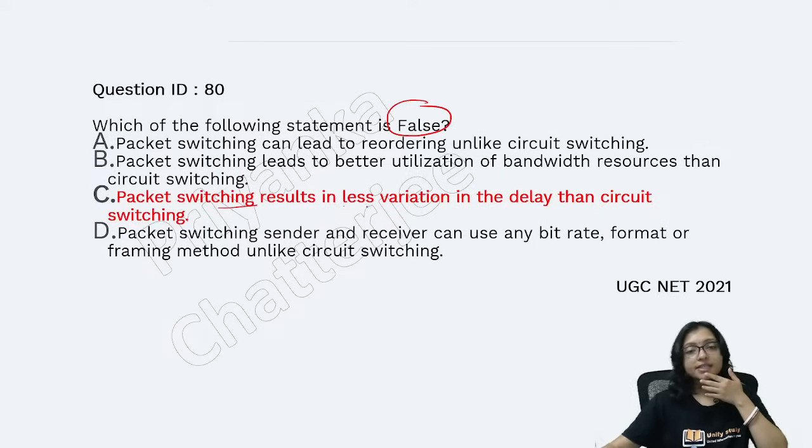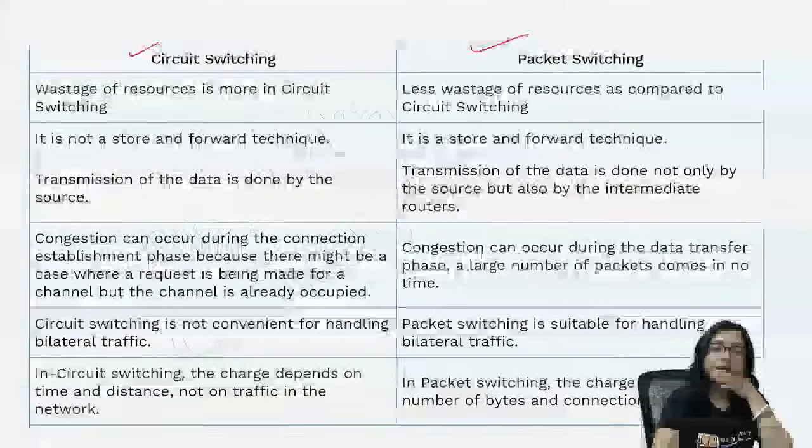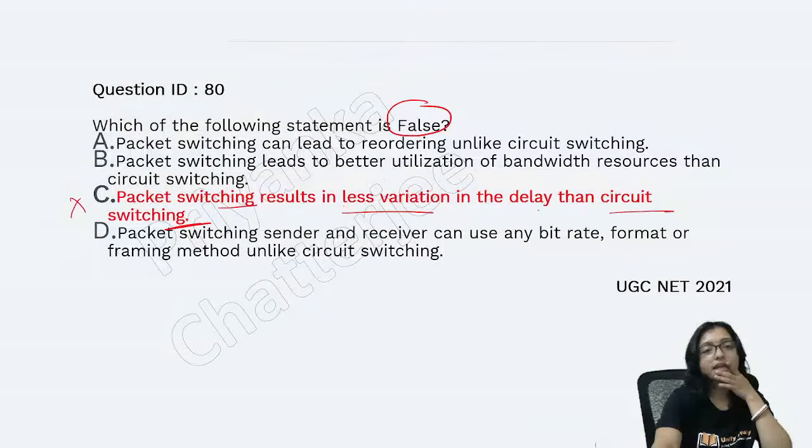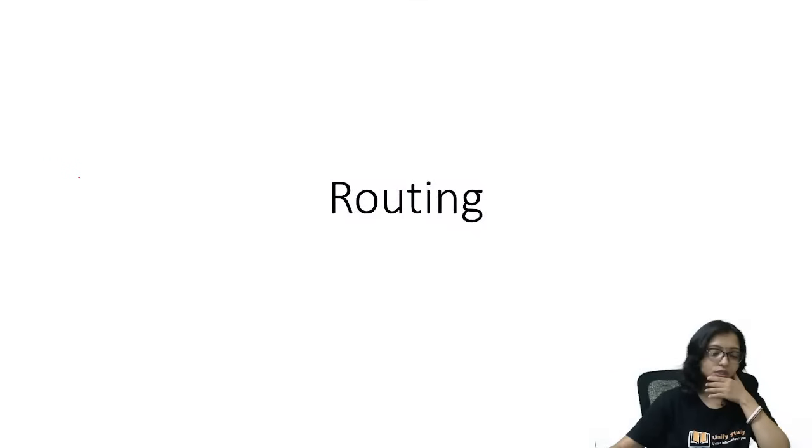Packet switching results in less variation in the delay than circuit switching. That is wrong, because circuit switching has less variation in delay than packet switching. That is correct, so that's why the opposite one will be wrong.